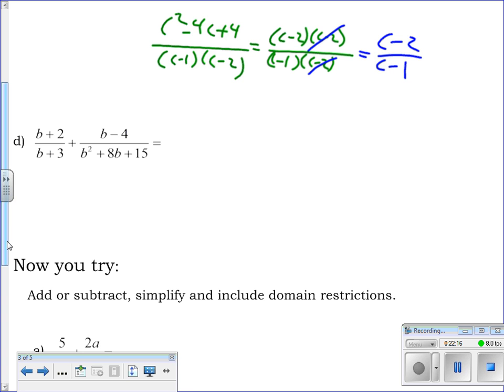So once again, my first step is to factor my denominator. And most likely, but not guaranteed, b plus 3 would be one of my factors. Would that work here? 3 times 5, 3 plus 5. Yeah. b plus 3, b plus 5.